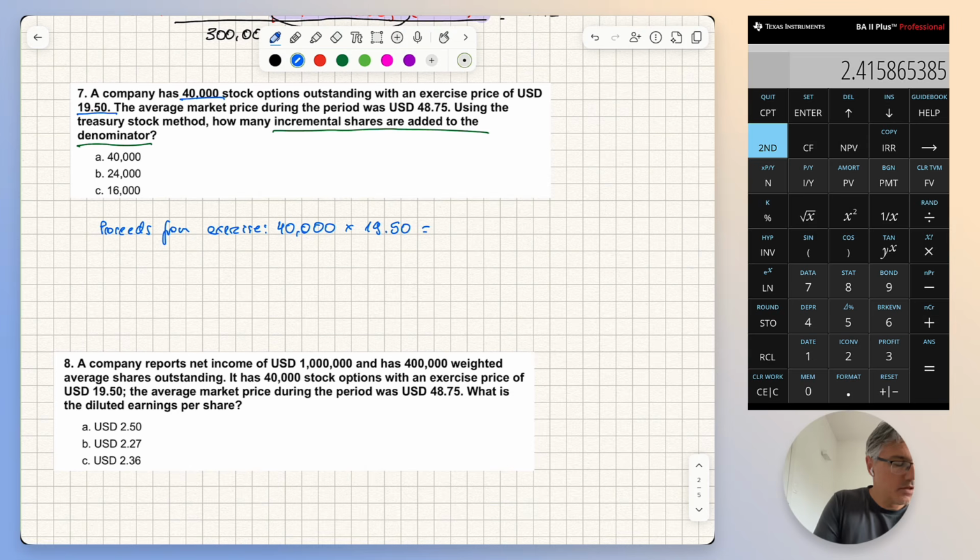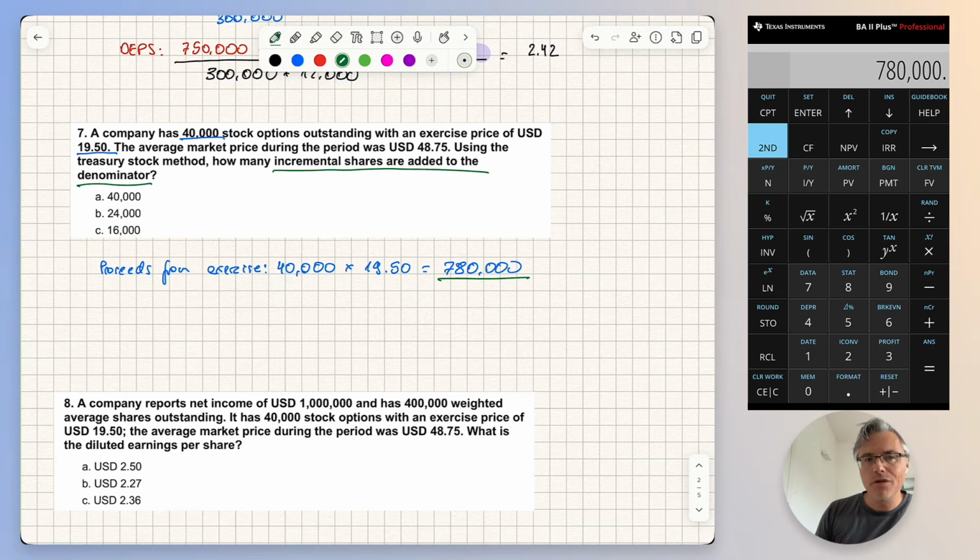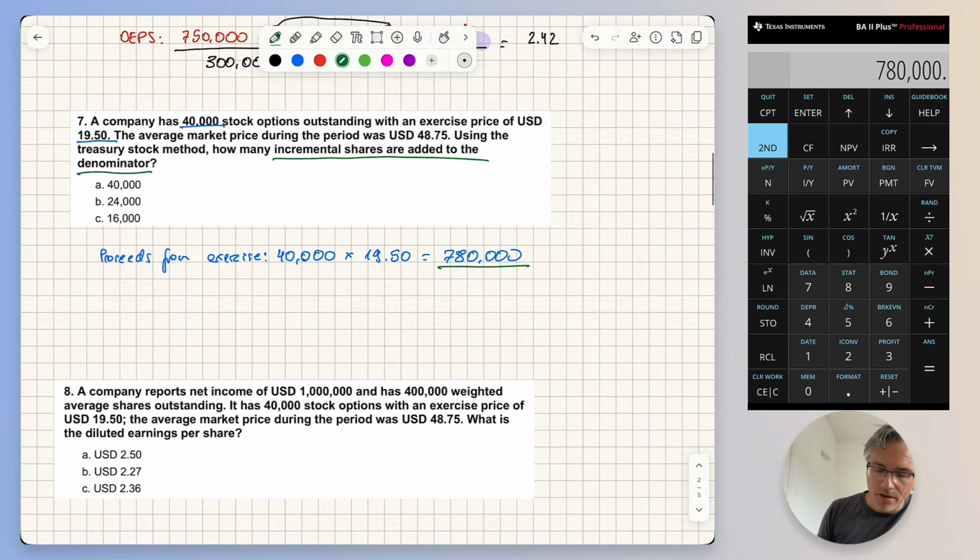So let's do this computation. 40,000 times 19.5. $780,000 would flow in. And this money, we now assume, is used to repurchase stock in the market.